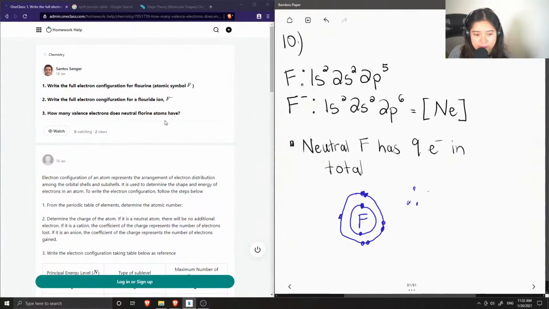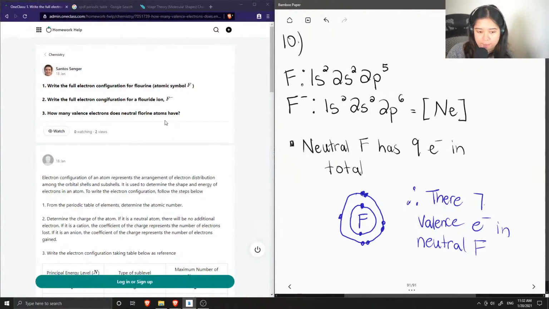So therefore, we can say there are 7 electrons, or 7 valence electrons. Valence electrons refers to the electrons in the outermost shell, and you can see that it is the 7 that are shown here.